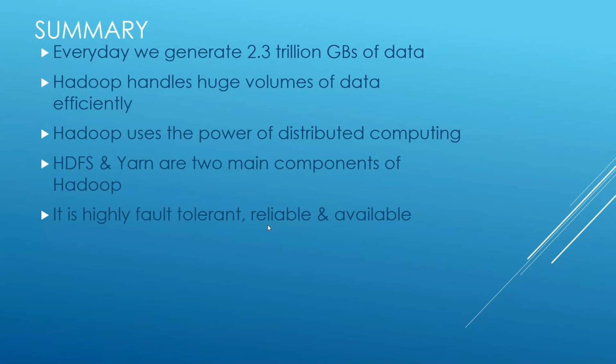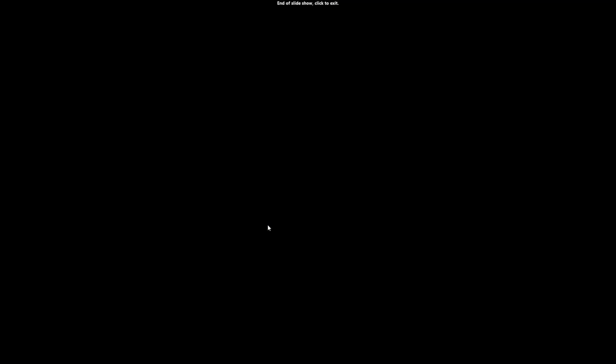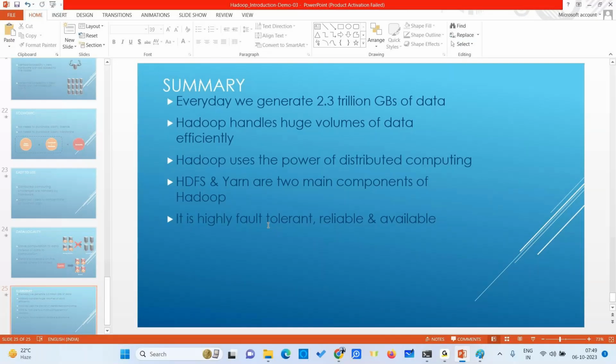HDFS, the Hadoop Distributed File System, and YARN are two main components of Hadoop. YARN is to manage, and to process we use MapReduce. And it is highly fault tolerant, reliable, and available. So this is the summary about the Hadoop file system. Okay. Do you have any doubts?